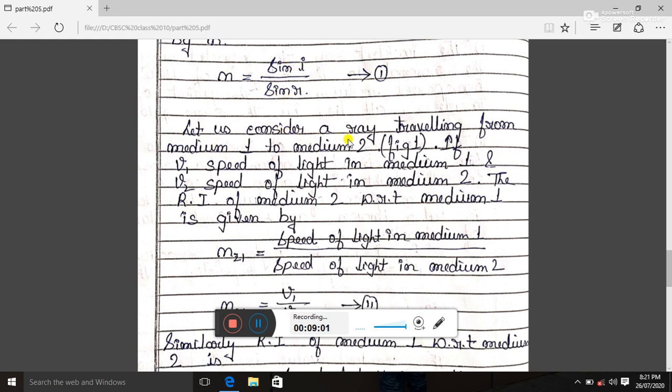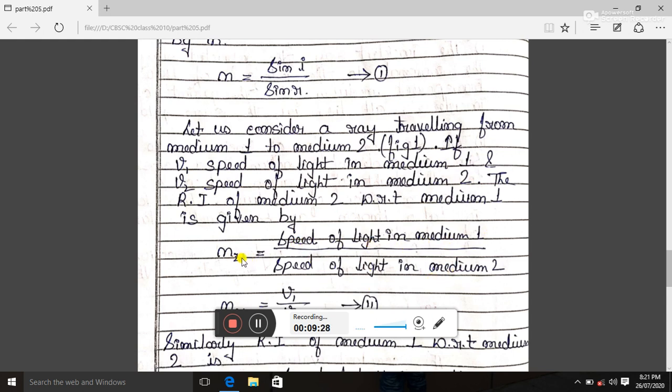Again, let us consider a ray traveling from medium 1 to medium 2. We can consider the same figure 1. One ray is traveling from one medium to another medium. If v1 is the speed of light in medium 1 and v2 is the speed of light in medium 2, then refractive index can also be written as speed of light in medium 1 divided by speed of light in medium 2.